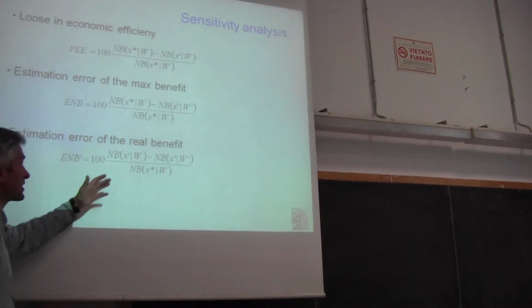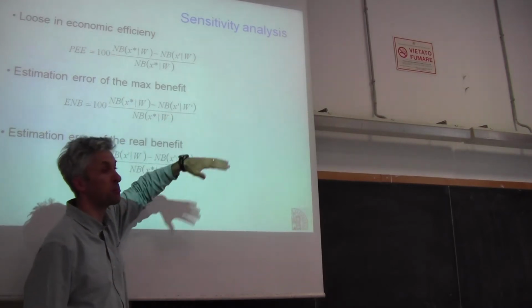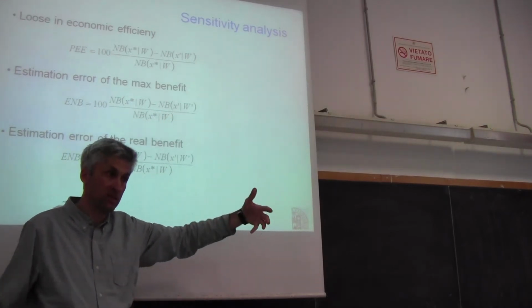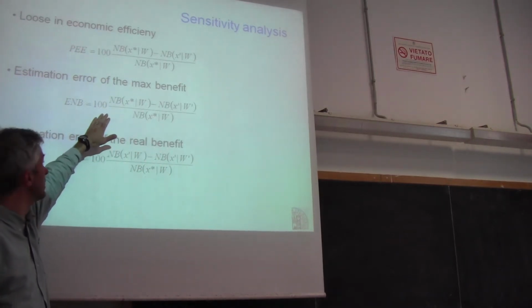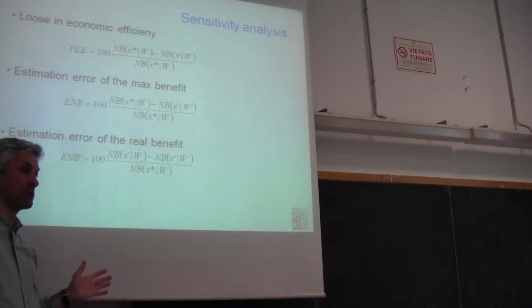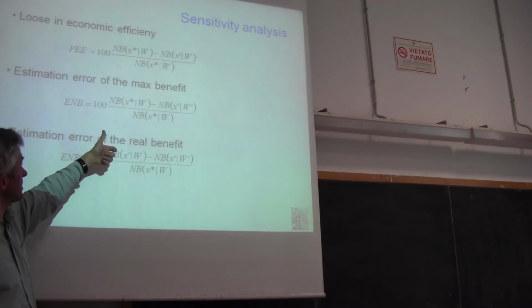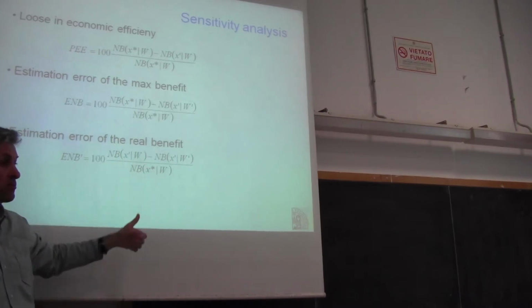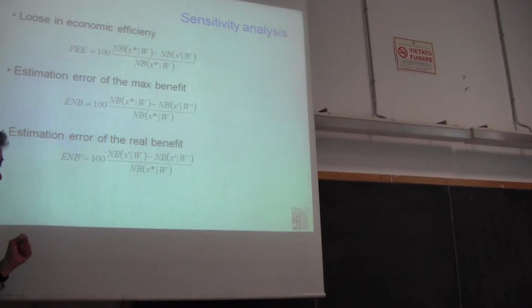So you think that your maximum benefit is given by MB x prime w prime. You estimate it, but indeed the maximum benefit that you may take is given by MB x star w. This difference may be positive or negative. You may overestimate the maximum benefit, or you may underestimate it. And this is an estimation error.